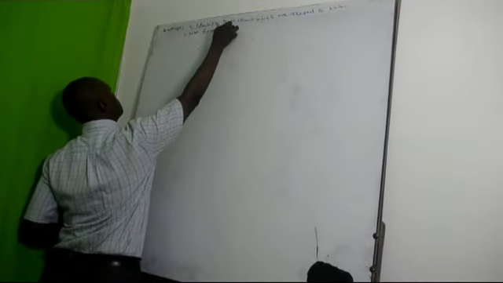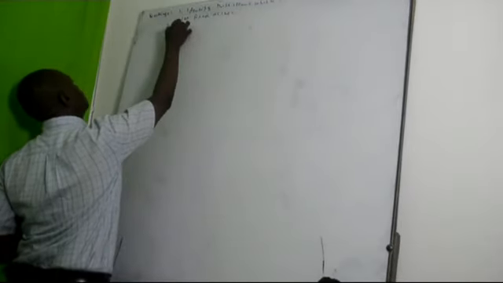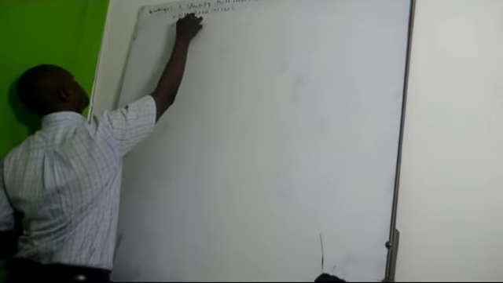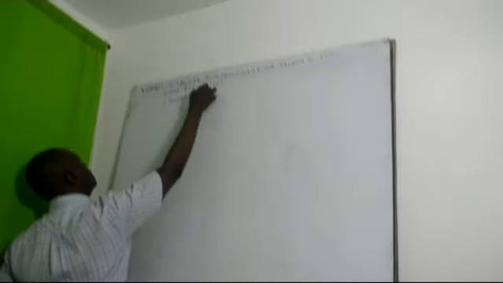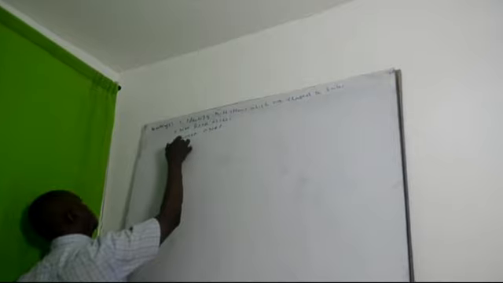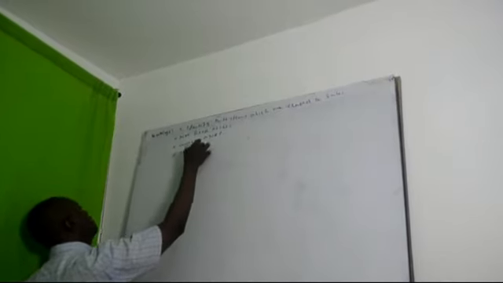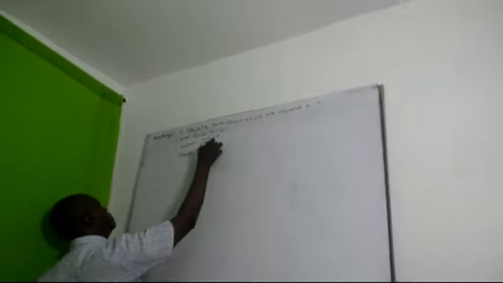So the first one in this question is net fixed assets. Then we have current assets. Next we have trade creditors. Next we have accrued expenses. So these are the items which are directly related to sales.